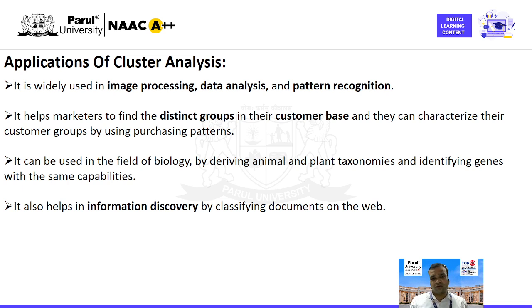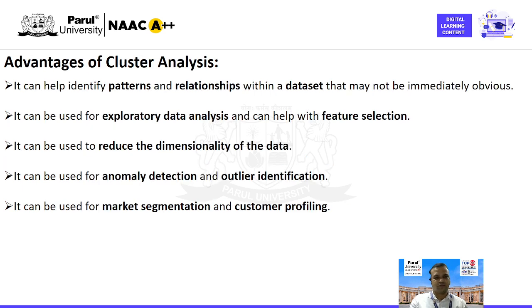It can be used in the field of biology by deriving animal and plant taxonomies and identifying genes with the same capabilities. It also helps in information discovery by classifying documents on the web. Information discovery means you just explore the information about any data on the web. So these are the basic applications of the clustering.